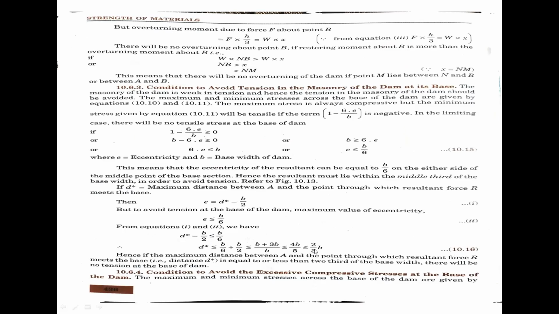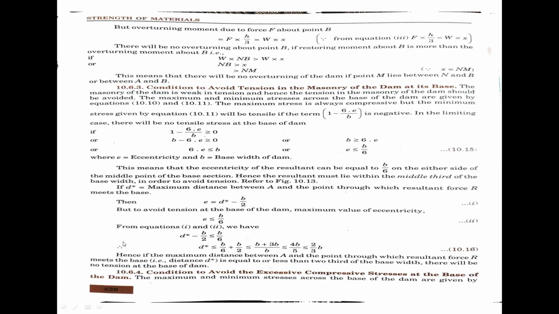Now finally we get the value less than or equal to 2/3 of the base width of the dam. If d is equal to or less than 2/3 of the base width, there will be no tension at the base of the dam.